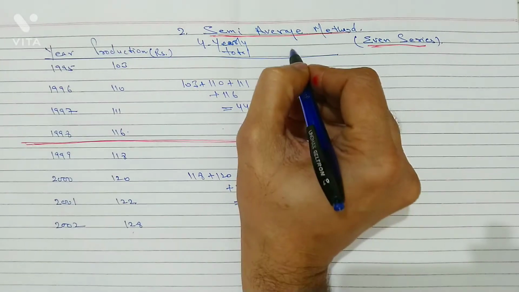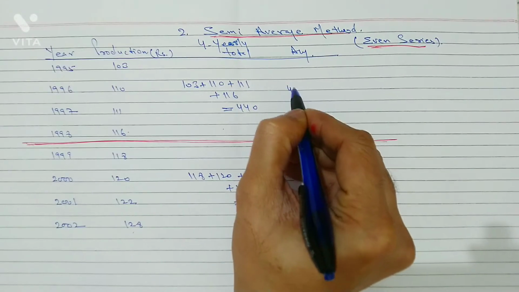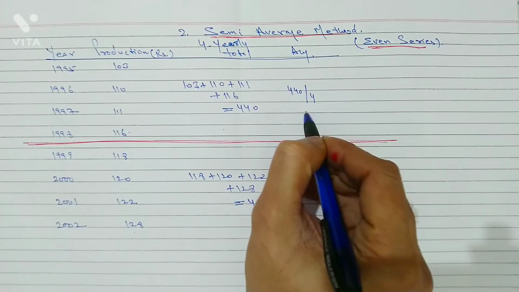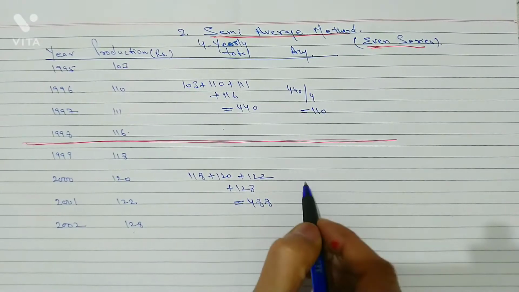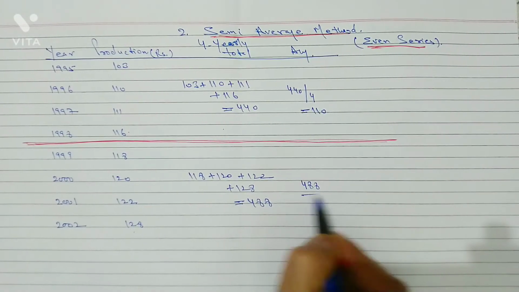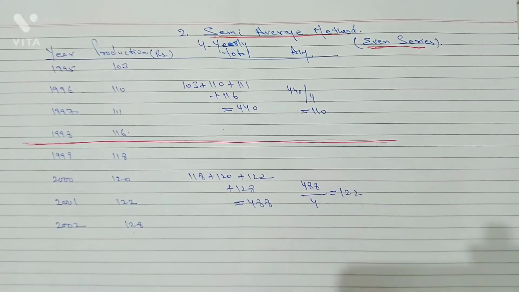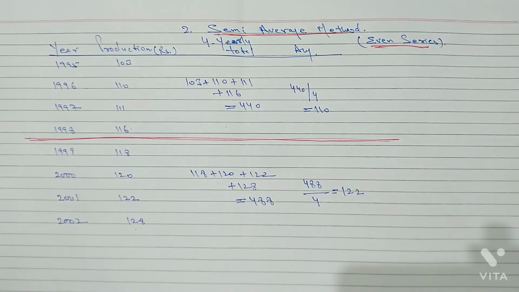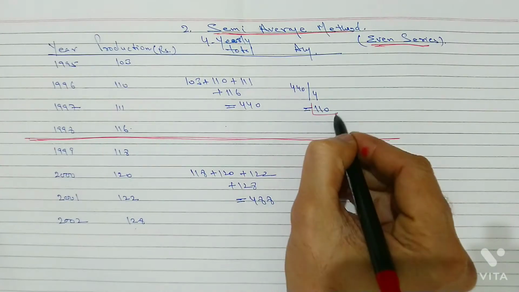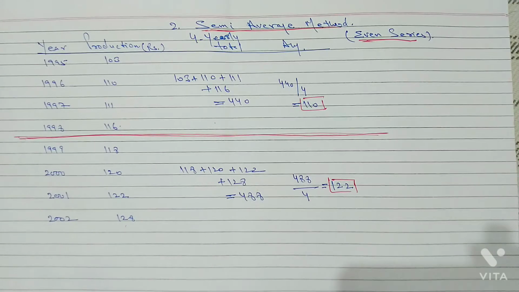Now the average. 440 divided by 4 comes out to be 110, and 488 divided by 4 equals 122. The first semi-average is 110, and the second semi-average is 122.